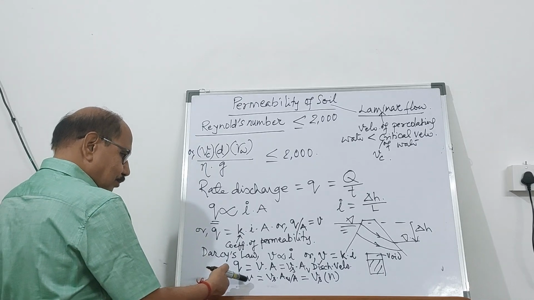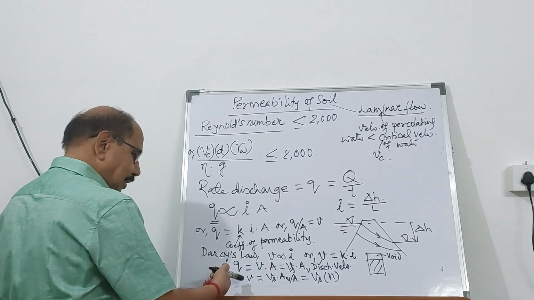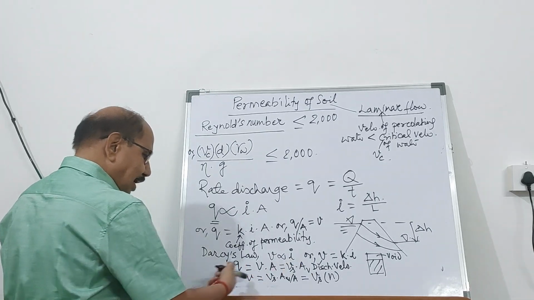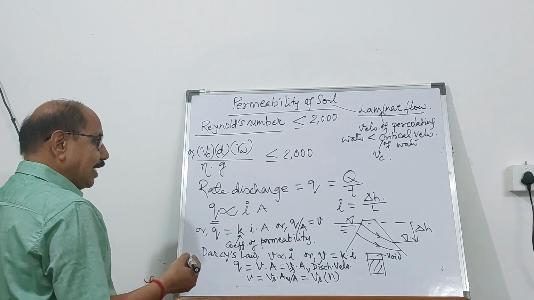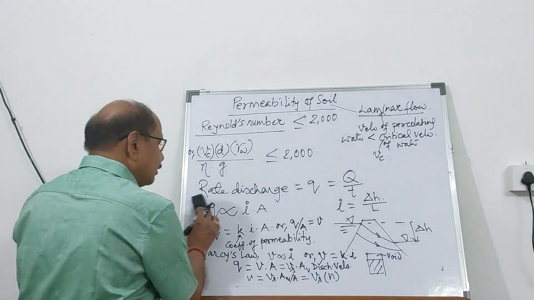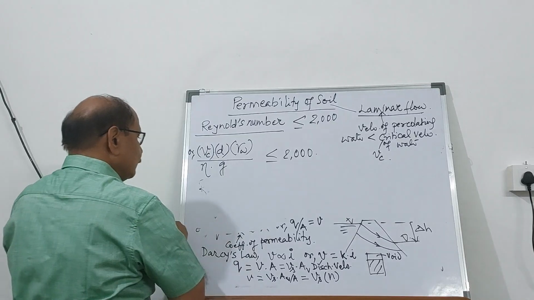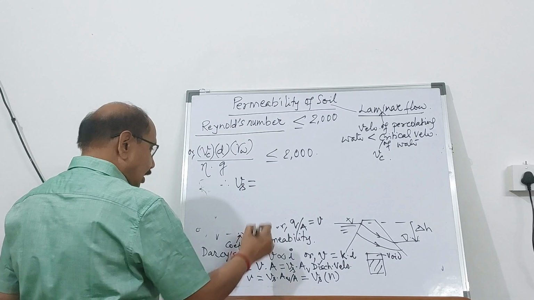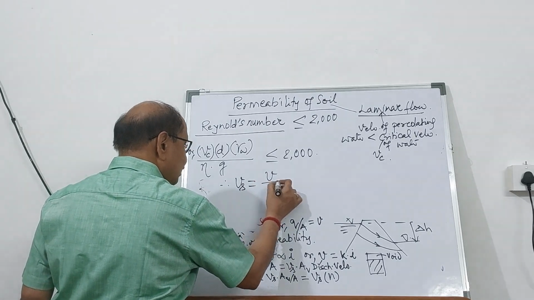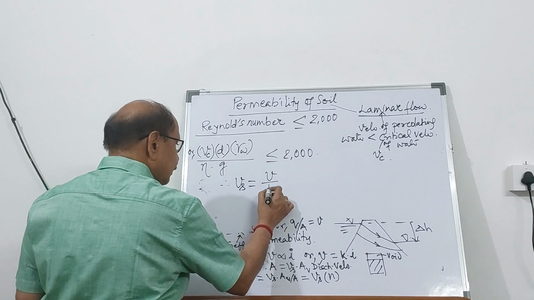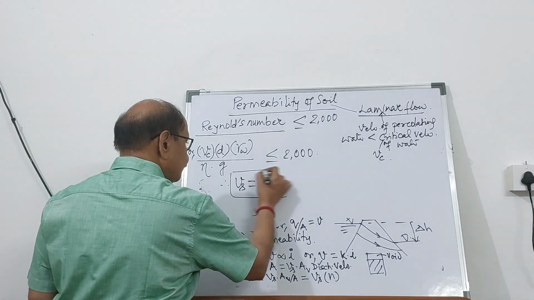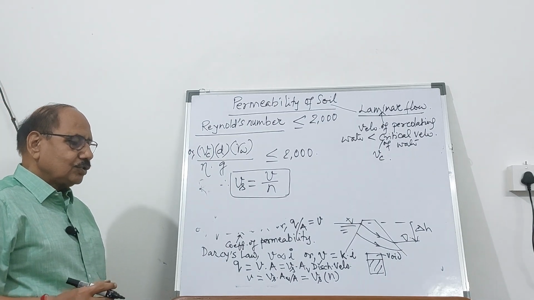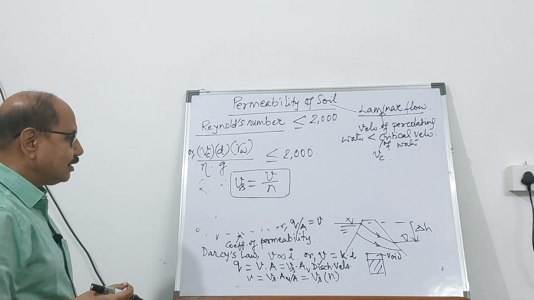Therefore, the relationship between seepage velocity and the superficial or discharge velocity is given by this. Therefore, the seepage velocity equals the discharge velocity divided by porosity. n is called the porosity. So this relationship you should always remember.